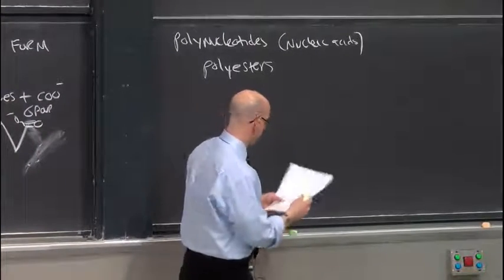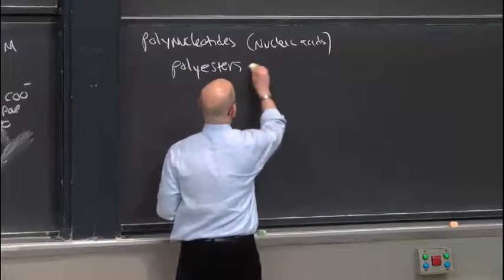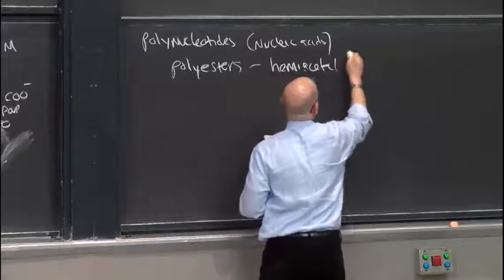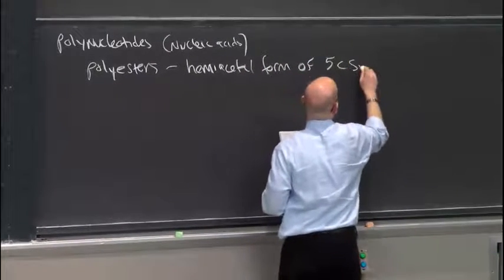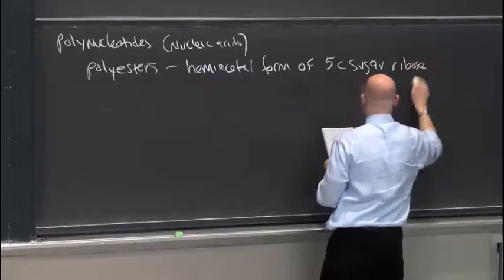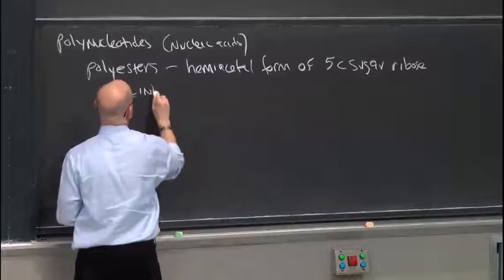Polyesters, okay, as I said, which consist of polymers of the hemiacetal form of a 5-carbon sugar, ribose, linked by phosphates.